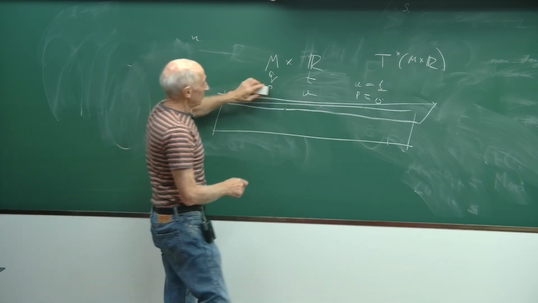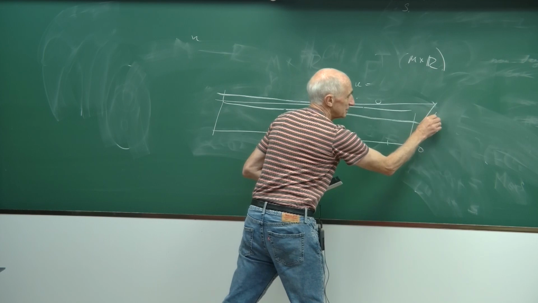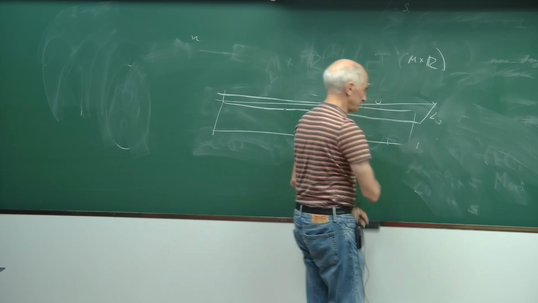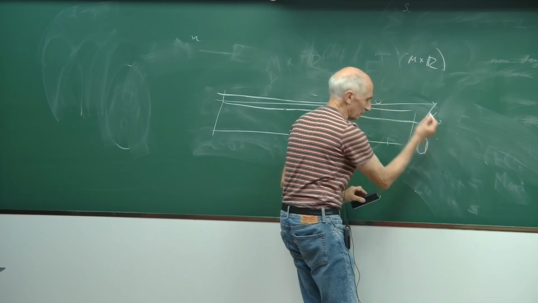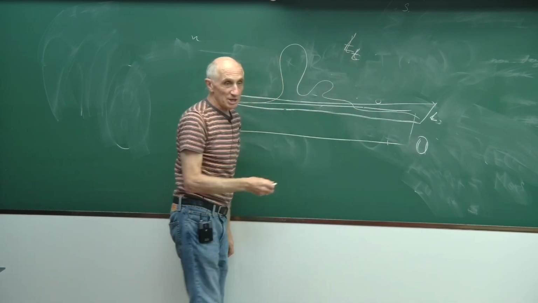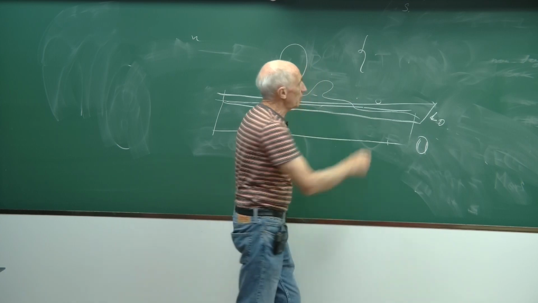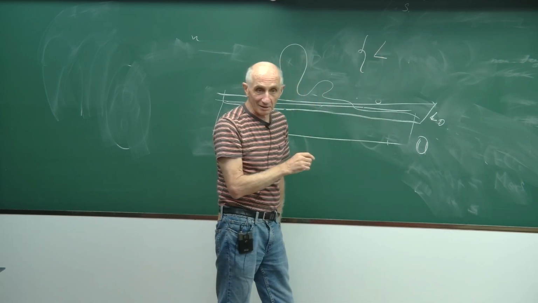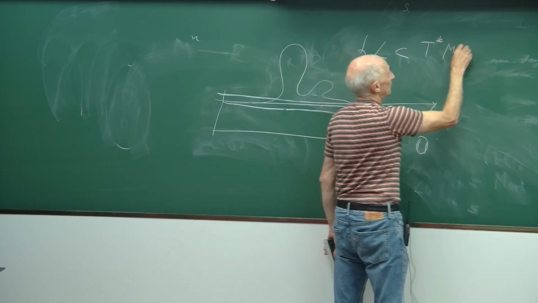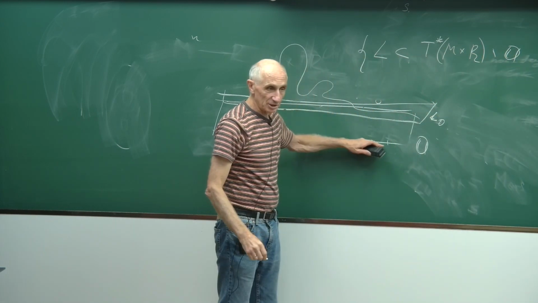So now you consider this. Let's call it L0, the zero section, and this is L1, not L0, maybe. Let's take the space of all L which sit in the cotangent bundle of M cross R minus the zero section.